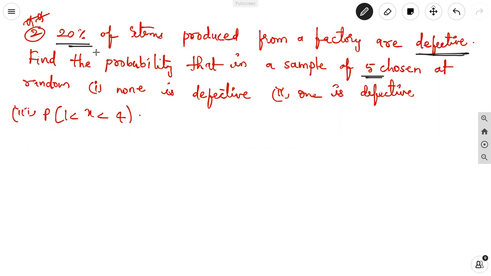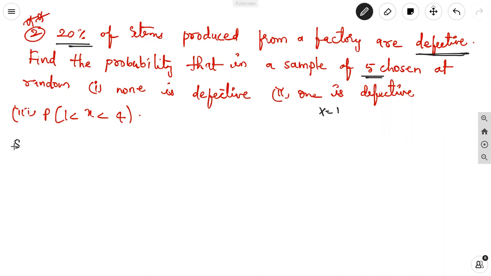And the probability of good ones is 1 minus 0.2 is 0.8, that is not defective items. Here they are asking about none is defective means probability of x equal to 0. 1 is defective means probability of x equal to 1. And the third one is probability of 1 is less than x is less than 4 means 2 defective, 3 defective will come in the third case.